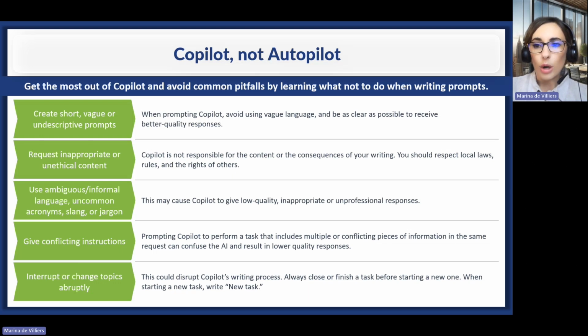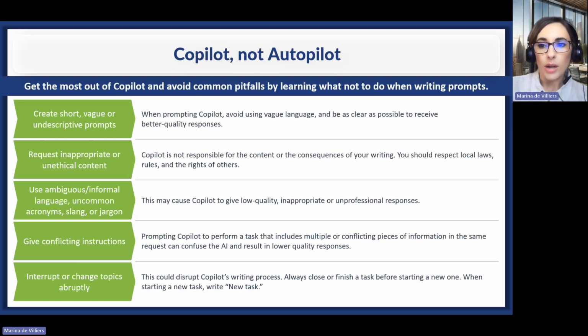Don't request inappropriate or unethical content, as this goes back to the whole concept of using generative AI responsibly. Using ambiguous language or uncommon acronyms may cause Copilot to give low quality, inappropriate, or unprofessional responses.